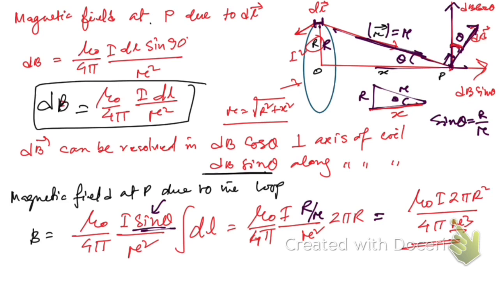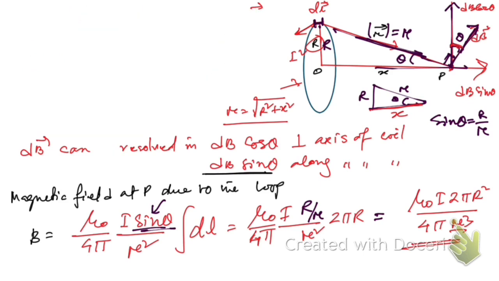So if you replace that, what you will get? So now what we have got is B is equal to mu naught I 2 pi capital R square by 4 pi r cube.